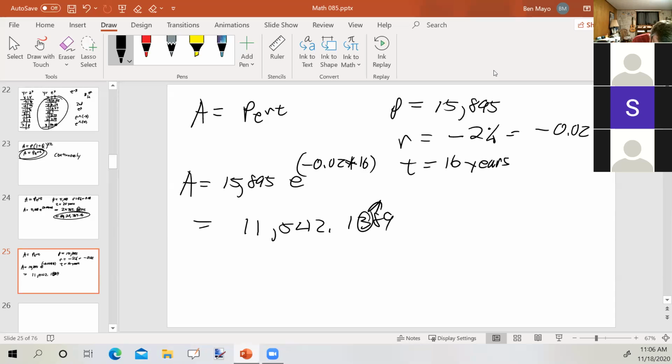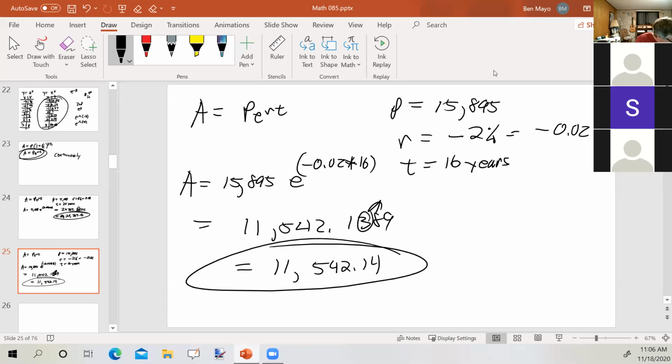The 3 is going to round up, so 11542.14. Okay, so notice that this one got smaller because instead of it growing at a rate of 2%, it's decaying at a rate of 2%, or decreasing at a rate of 2%. Any questions on that?